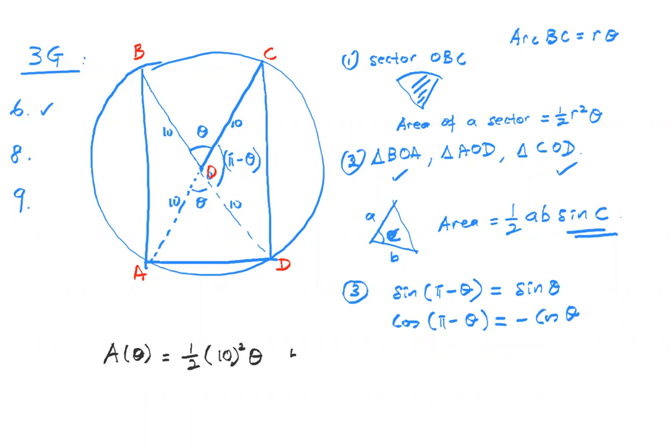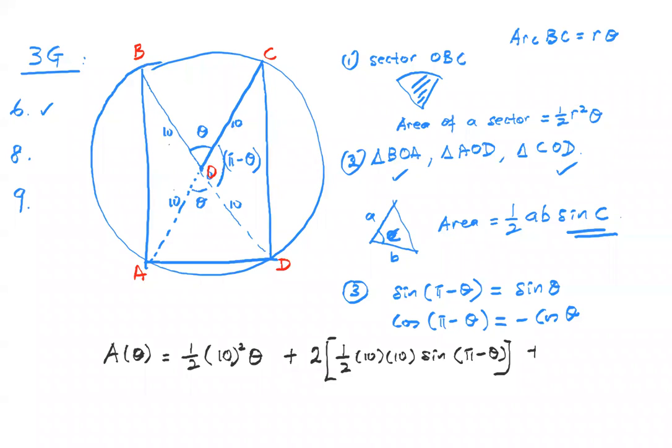Plus 2 triangles, same area, correct? 2 times of half, this is your A, this is your B, A, B, sin, C. You must learn like Miss Do. I can say something, but I write down another thing. That is how I relate my mind.